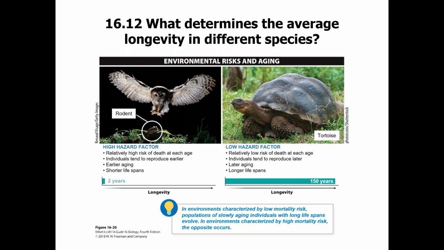So if you have a high hazard factor, you're going to most likely die very early on in your life. If you have a low hazard factor, you're going to die much later on in life. And that's going to feed into your different reproductive strategies.